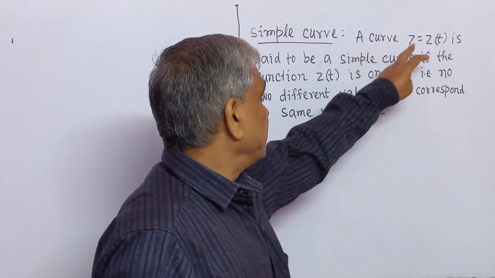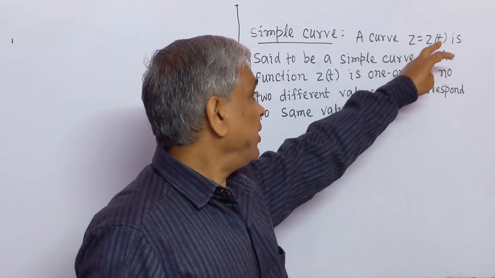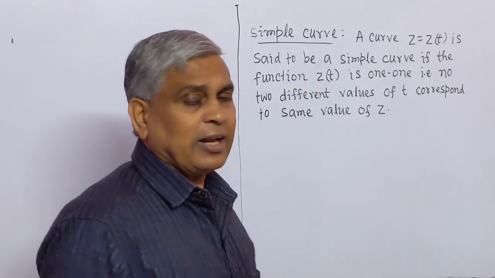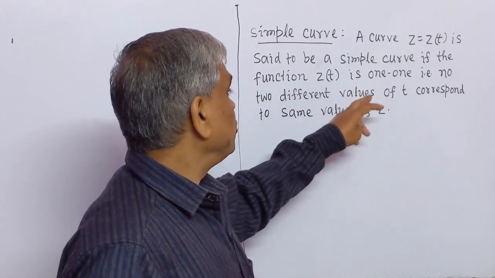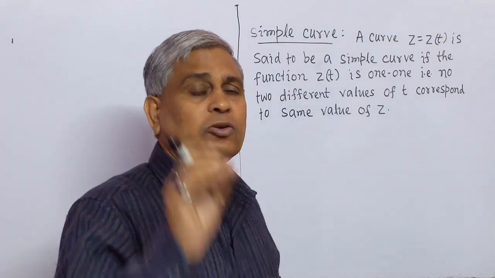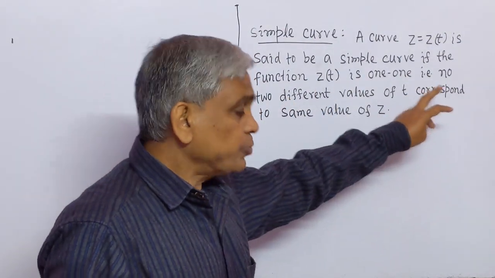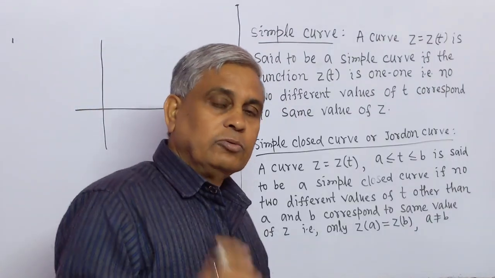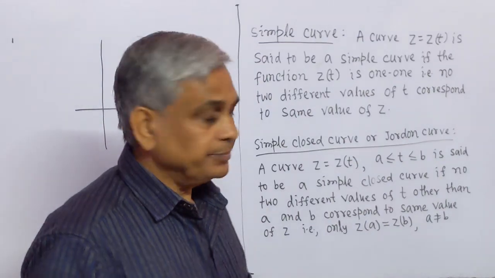A curve z equal to z(t), z is a function of t, is said to be a simple curve if the function z(t) is one-one, that is, no two different values of t correspond to the same value of z. Now we define simple closed curve or Jordan curve.